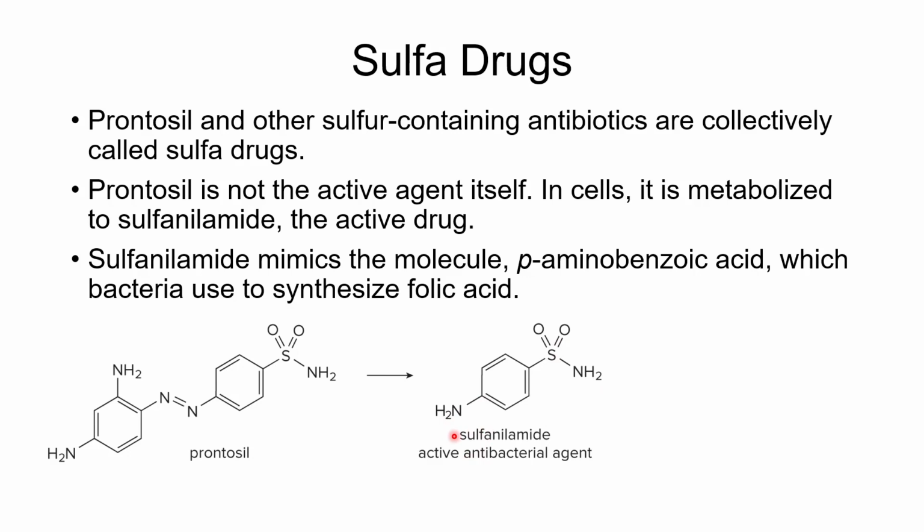The other classes we've talked about. We've talked about the beta-lactam, like the penicillin derivatives, and the cephalosporin derivatives. Those are other classes. Well, this is in its own class. It's a little bit different. And it inhibits the way that bacteria use folic acid, and it just essentially kills the bacteria, which is really cool.